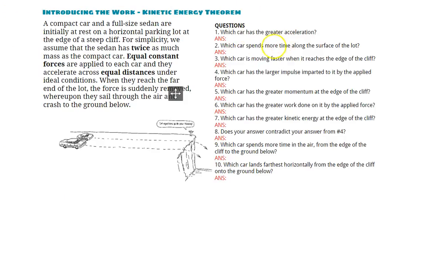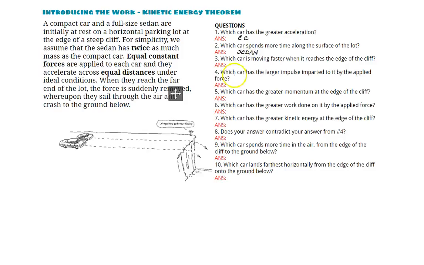So which car has the greater acceleration? Obviously the one with less mass. Sorry. It's before school. It is what it is. So the one with the less mass is the, let's see, compact car, because it has less mass. Which car spends more time on the surface of the lot? Well, that must be the sedan, because the sedan takes longer.